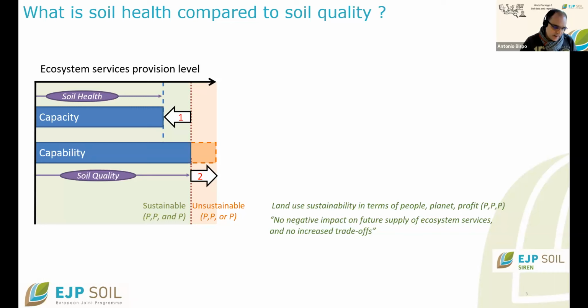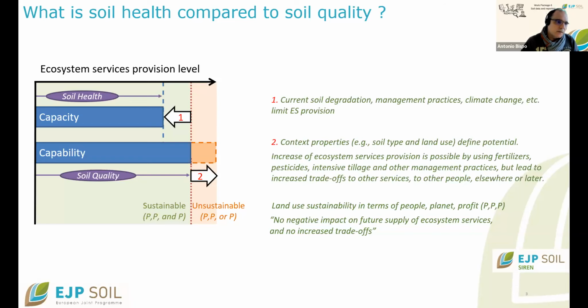And then soil health, as just said, is seen as the current capacity of the soil to support the ecosystem services, meaning that soil degradation, for example, or non-adapted management practices or climate change can limit the ecosystem services provision according to its capability, in fact. And of course, you can also increase the capability of the soil, produce more ecosystem services, but then you may have trade-offs on that. So it may become an unsustainable situation.